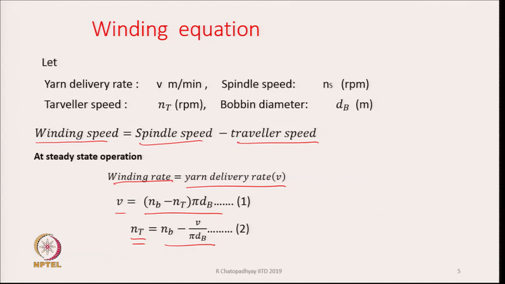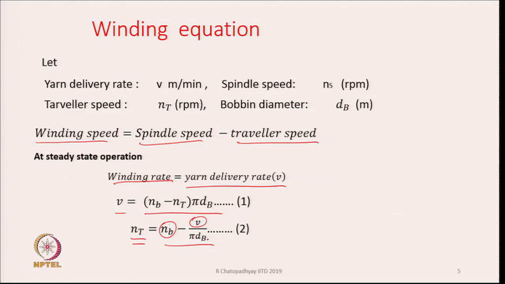So, from equation 2, what we see is that Nb, the bobbin speed, is always constant. The delivery rate V is also constant, and therefore, pi is also constant.